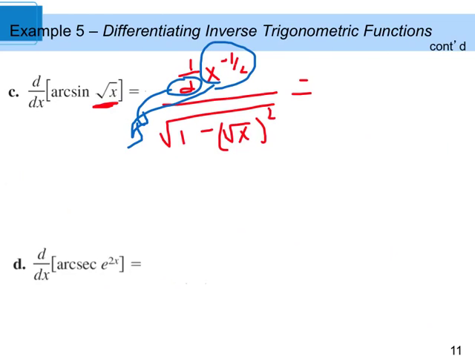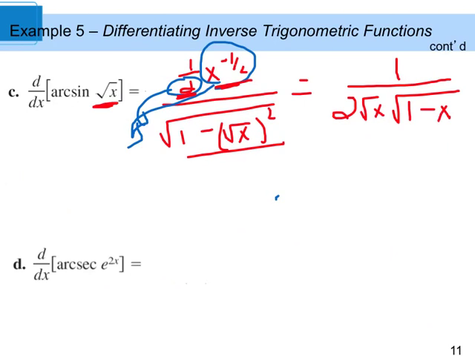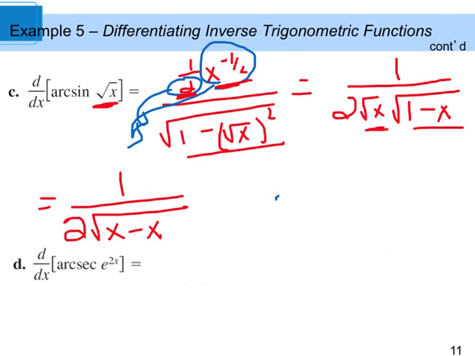Or if you don't want to confuse things too much, you can take the whole top, which would be 1 over 2 times the square root of x, times the reciprocal of the bottom. Okay, but either way, this is going to reduce to 1. There's nothing left on top but the 1. On the bottom we have this 2 and the square root of x and then times this. And the square root of x squared is just that. And it doesn't look that nice to have 2 square roots, so I will simplify it one more time and distribute the x through in that square root.